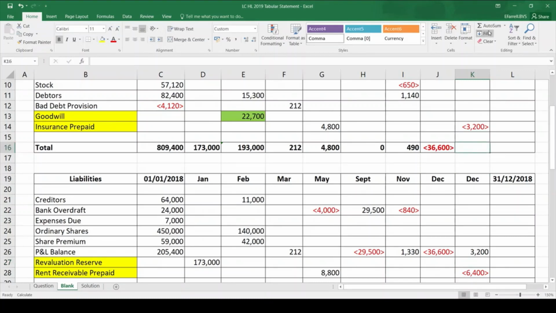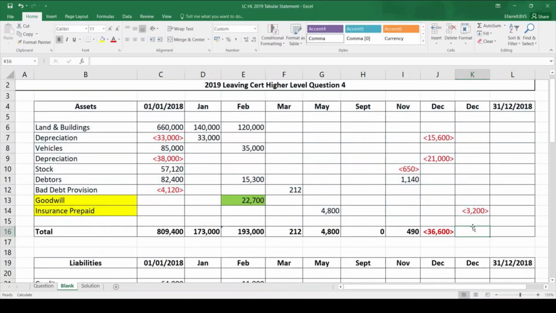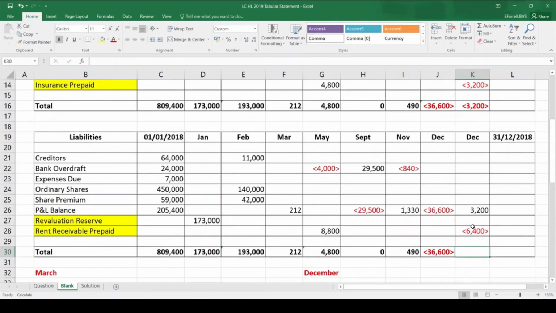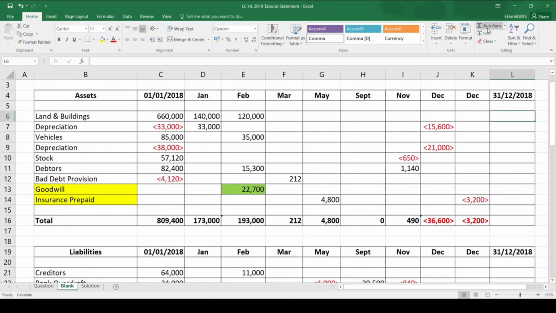So I just need to total these for December. The assets for December came to minus 3,200, and the liabilities came to minus 3,200. So again, they balanced. And after we have that done, we are just going to add all the figures across.